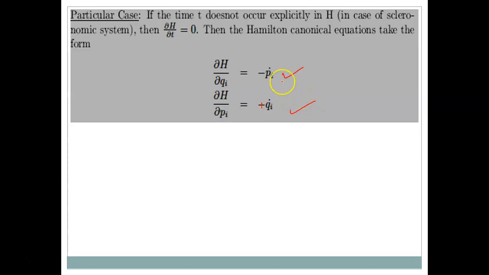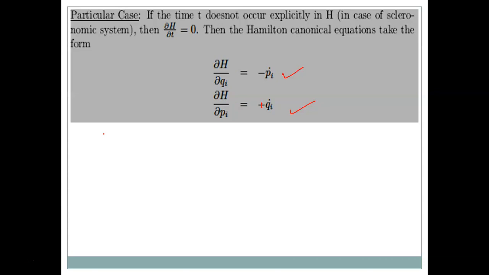So based on these Hamiltonian canonical equations, we can solve certain numerical problems, or we can obtain the equation of motion for a system of particles when the generalized coordinates or generalized velocities are given. You form the Hamiltonian of the system, and then using that you can find the equation of motion.